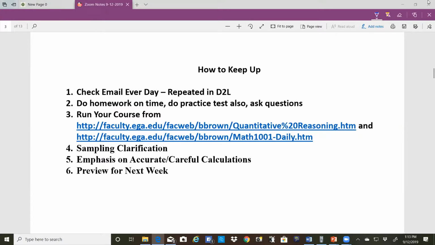For this particular test, there were maybe 3 or 4 students that didn't realize we had a test. They weren't checking their email every day. They weren't checking D2L. And I had to call them and see if they're planning to take the test. You need to do the homework on time and also do the practice test.